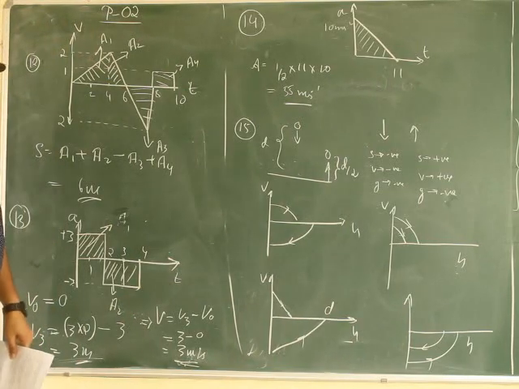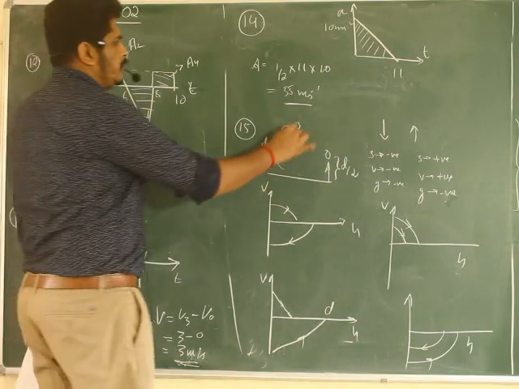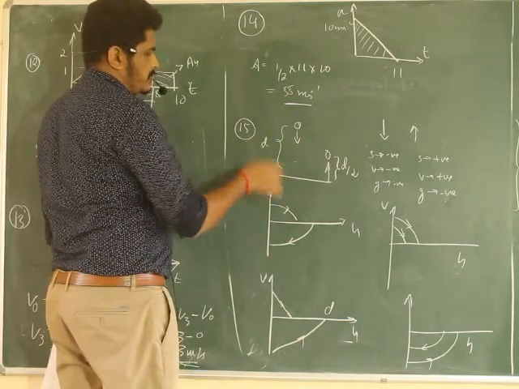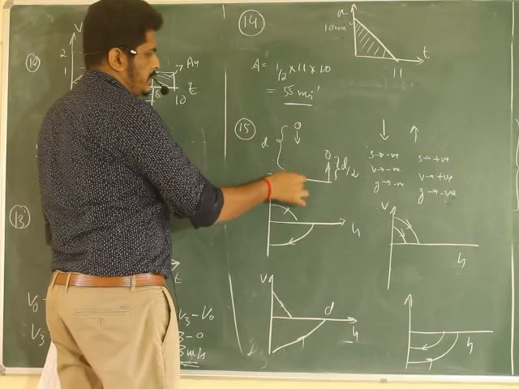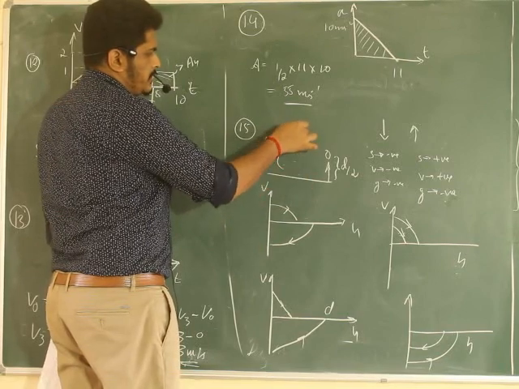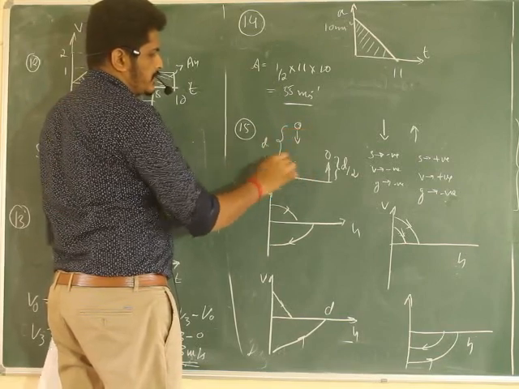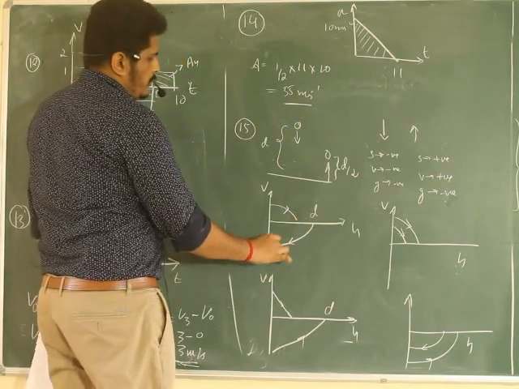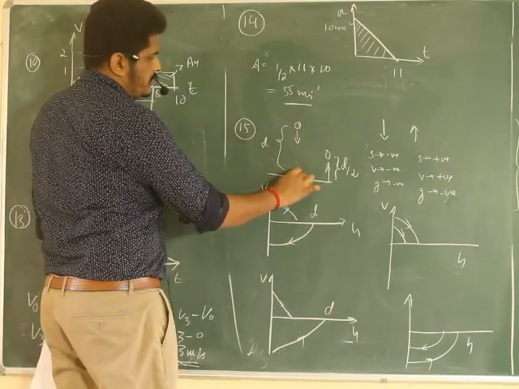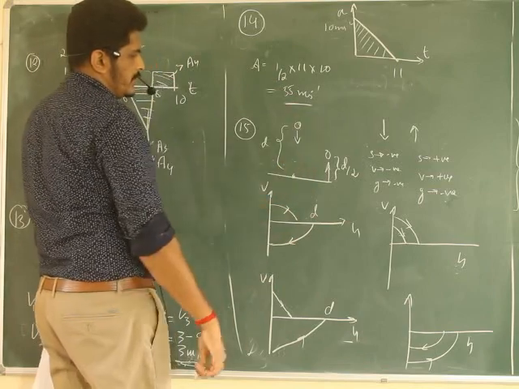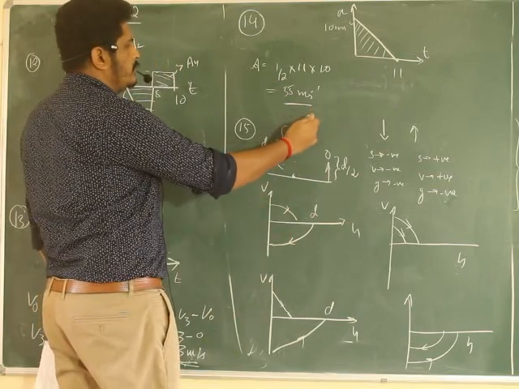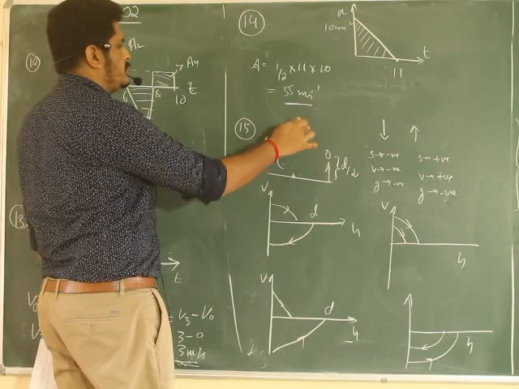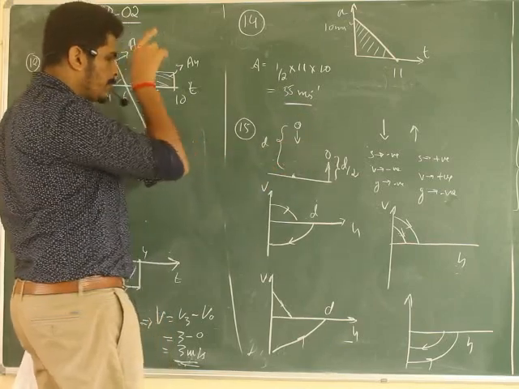Now, when the object is dropped, what happens to the displacement? D is increasing, of course. This height is there, correct? From rest, it starts increasing in the negative direction. So the D value becomes 0 when it reaches the ground, correct? Yes, of course. From here, if you consider the negative direction, the total height D is taken.